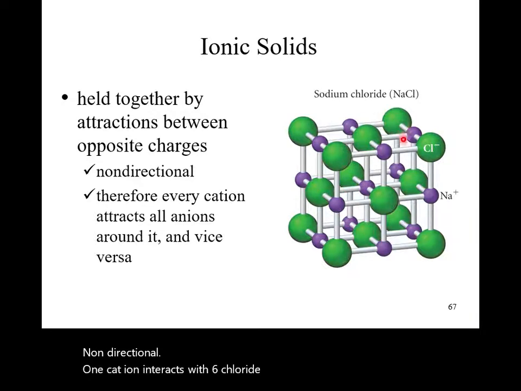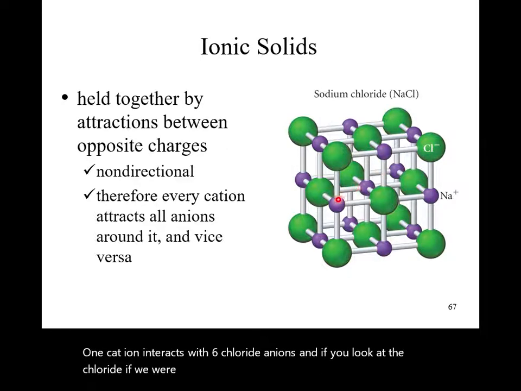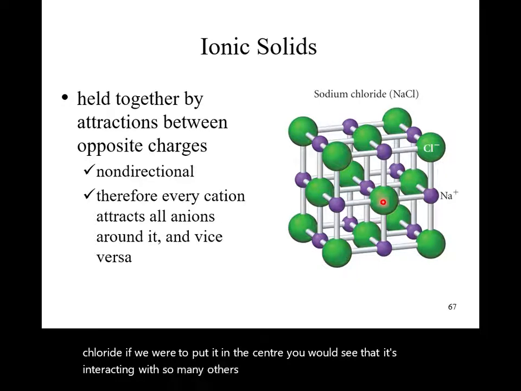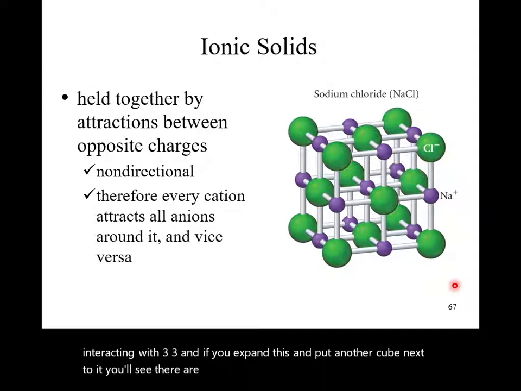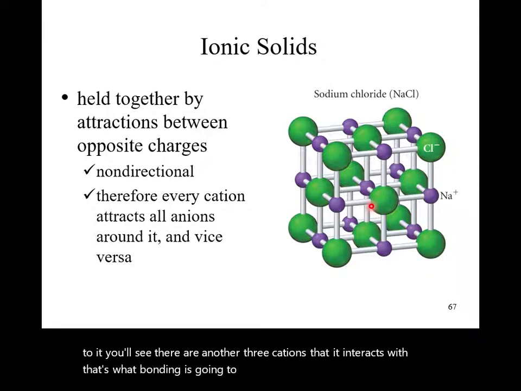And if you look at the chloride, if we were to put it in the center, you would see that it's interacting with so many others. So if we take this one right here, it's interacting with 1, 2, 3, and if you expand this and put another cube next to it, you'll see there are another 3 cations that it interacts with. That's what bonding is going to be, non-directional.